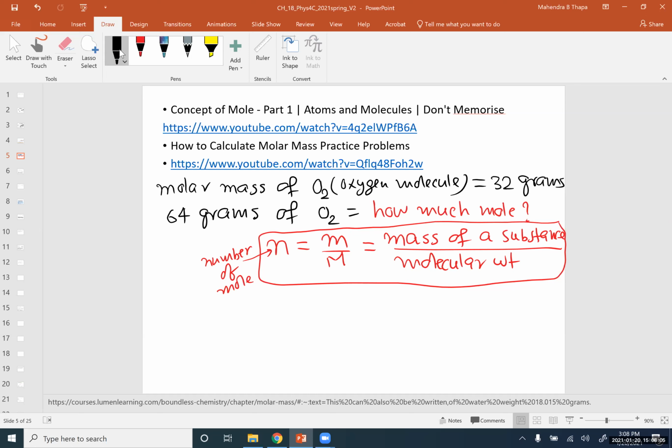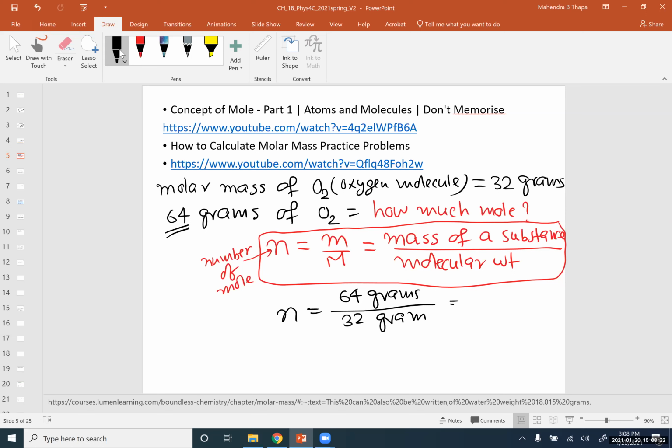In our case, the mass of substance we have is 64 grams, and the molecular weight of the oxygen molecule is known, 32 grams.